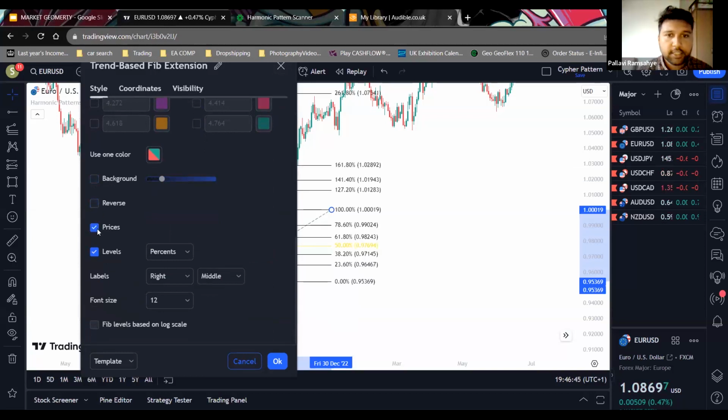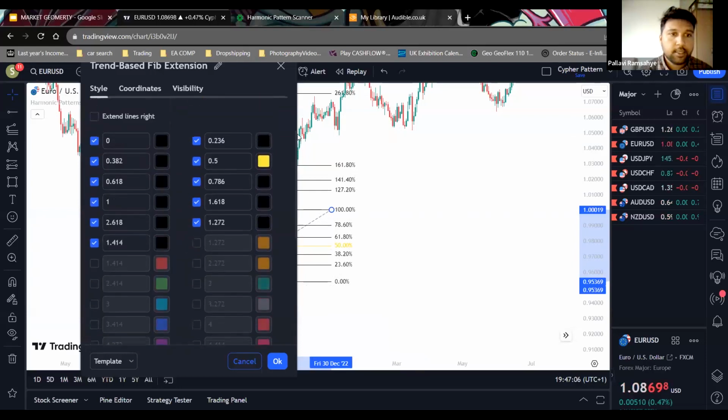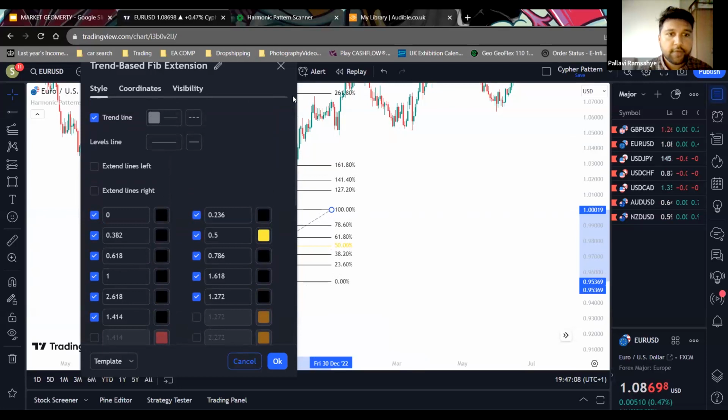And then prices, I turn them off. I keep it to percentages, not values. So percentages are a lot easier for me to read. And then I keep my labels on the right and in the center, okay? Because then I can drag my percentages out into a clear plain space, so it's easier to read. And yeah, that's pretty much everything.